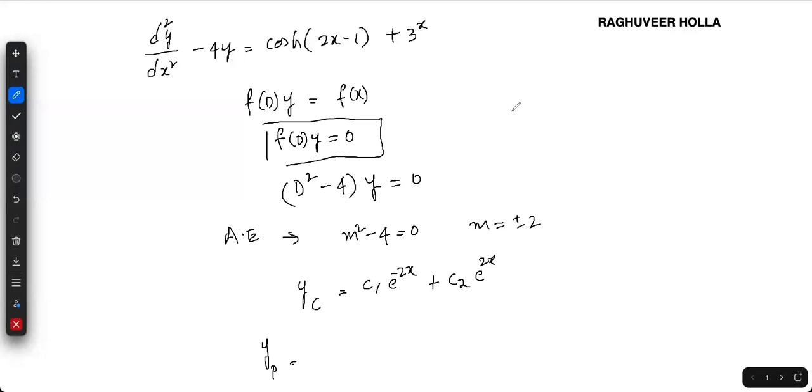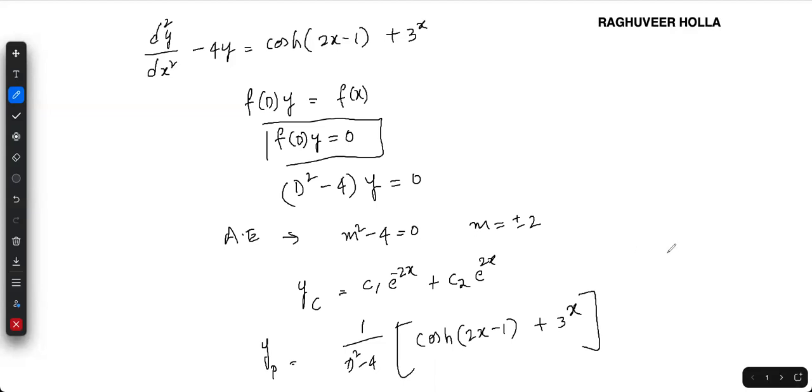1 by D square minus 4 into cos h of 2x minus 1 plus 3 to the power of x.